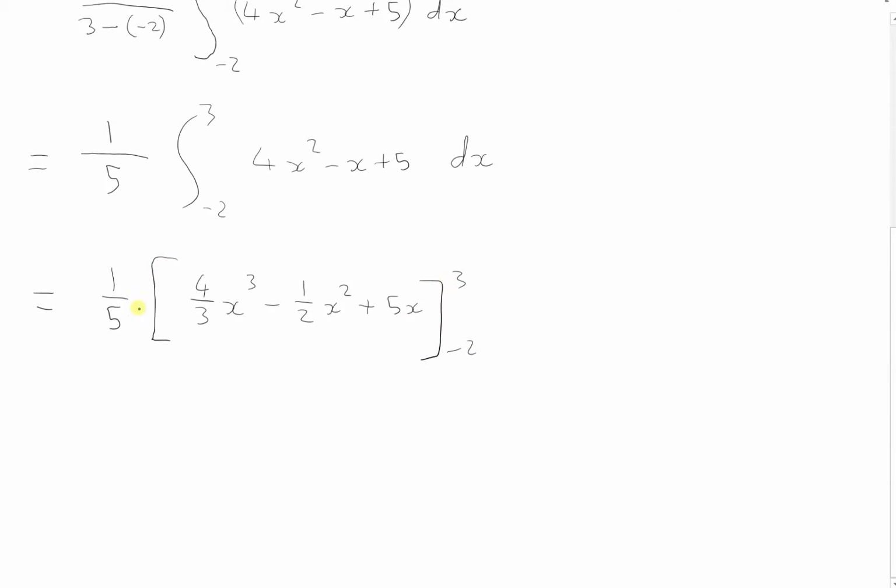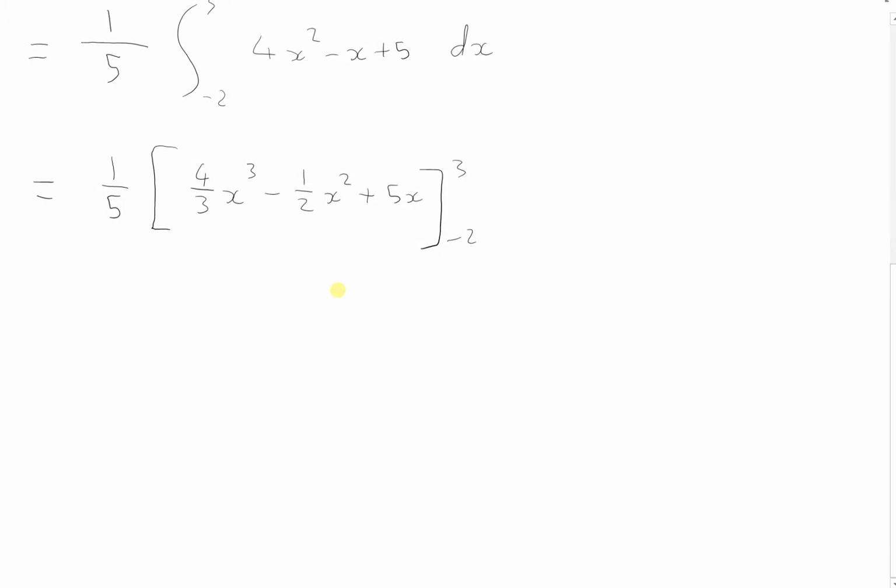Okay, some students will multiply this 1/5 inside here. You could, if you really want to, or you can just leave it outside and deal with it at the very end. But just remember to multiply it into your final answer, okay? So I'm going to keep the 1 over 5 outside, and I'm going to deal with the inside first.